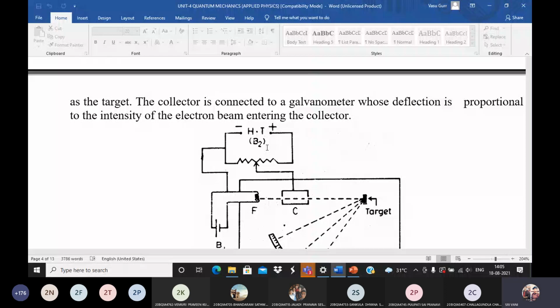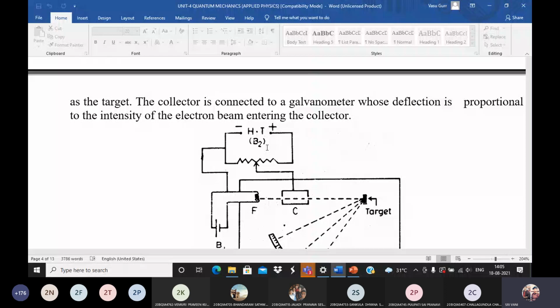Here the nickel target is a crystal. A crystal has several planes inside. The distance between any 2 planes inside the crystal is denoted by d. For nickel crystals, the distance between any 2 neighboring planes is 0.09 nanometers. Let us see what is meant by crystal planes.